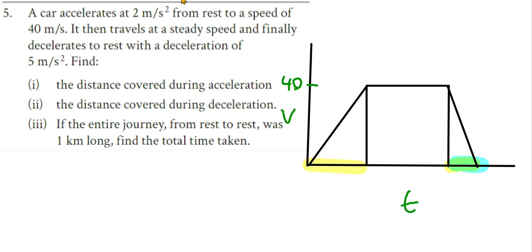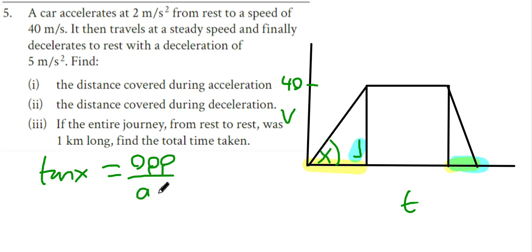Okay. So here's what we're going to do. We're going to show you a method that you can do without actually using the formulas, and it's actually faster. Does anybody remember what tan is? Tan x is opposite over adjacent. Now, believe it or not, tan of your angle is actually your acceleration.